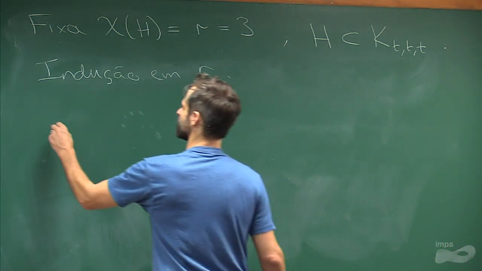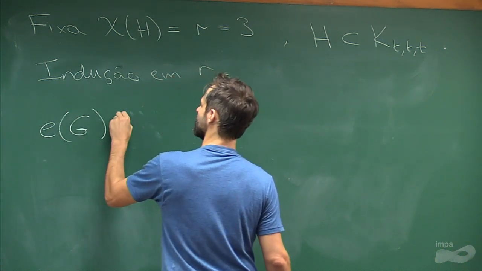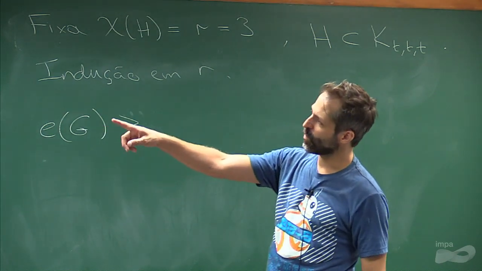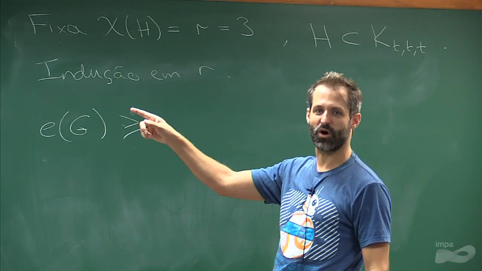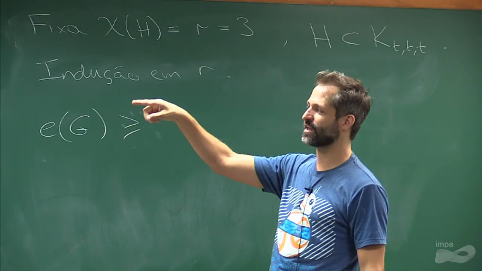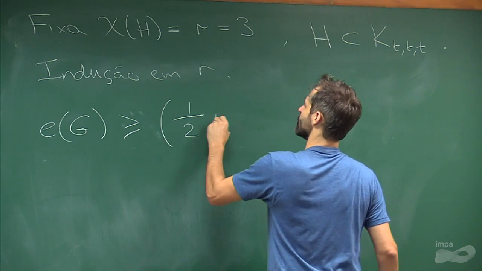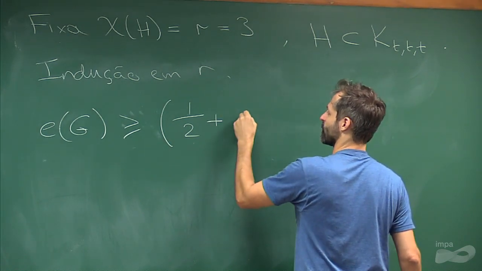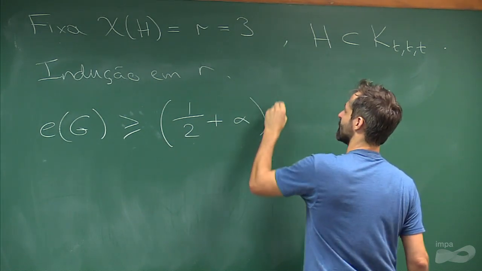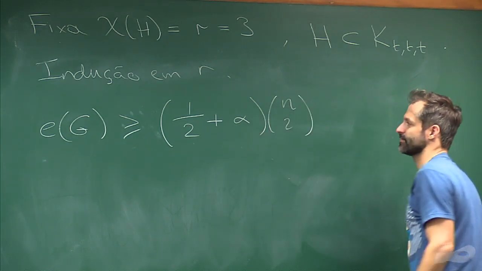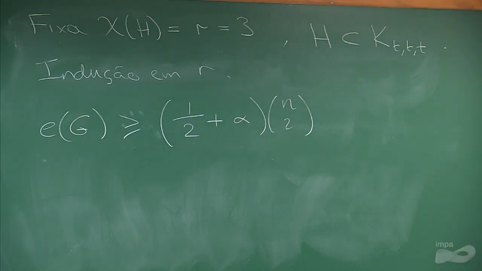We've got that e(G) is at least (1 minus 1 over (3 minus 1), so a half, plus a bit) times n choose 2 edges. So a half plus, let's call it alpha, times n choose 2 edges. You say that we will fix r and then do induction on r?